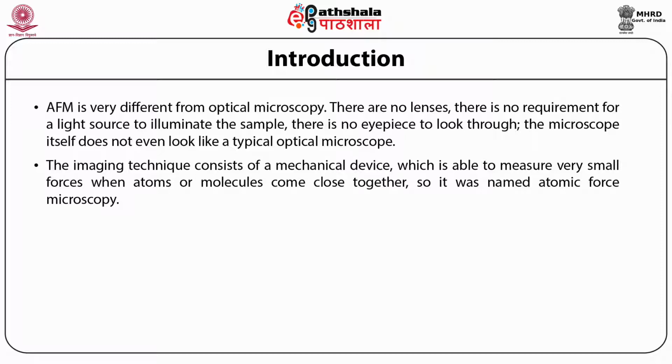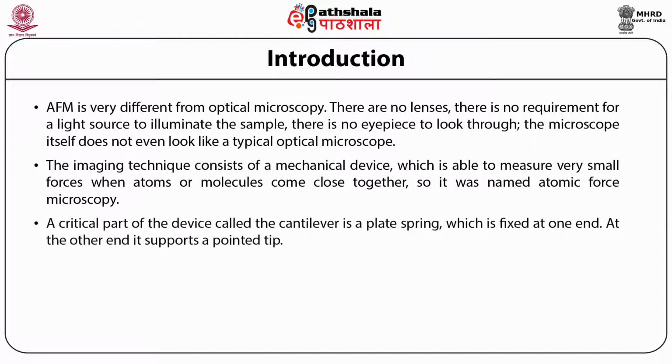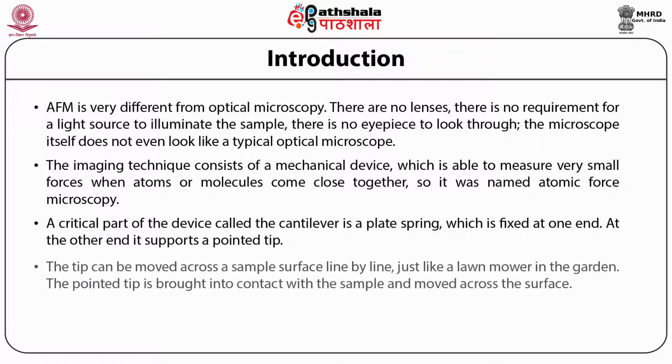Cantilevers are at the heart of an atomic force microscope. A critical part of the device, called the cantilever, is a plate spring which is fixed at one end. At the other end, it sports a pointed tip. The tip can be moved across the sample surface line by line, just like a lawn mower in the garden.